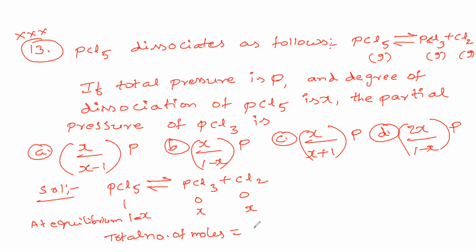So total number of moles is 1 minus X plus X plus X. The minus X and plus X cancel, so it is 1 plus X. Total number of moles is 1 plus X. Now the partial pressure of PCl3 is the total pressure into the mole fraction of PCl3.